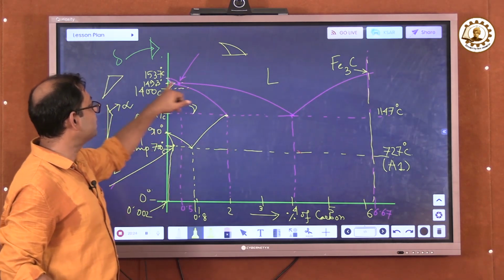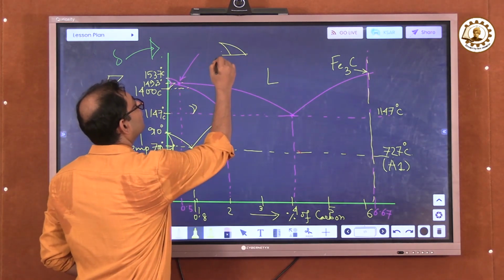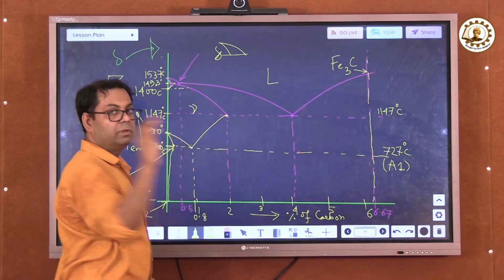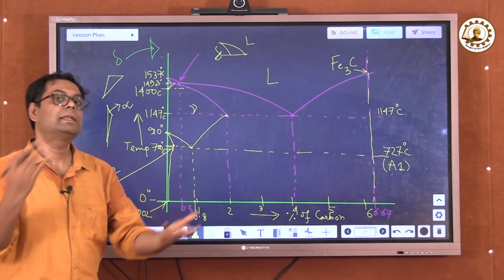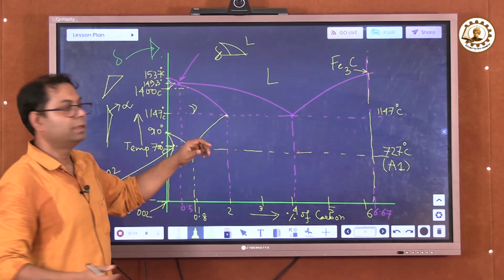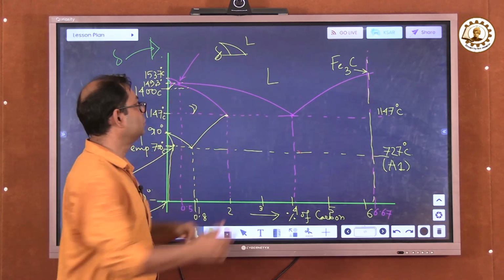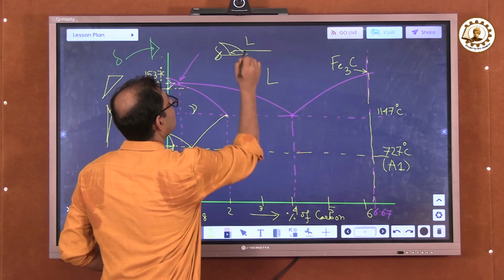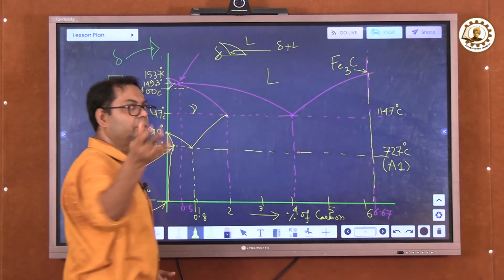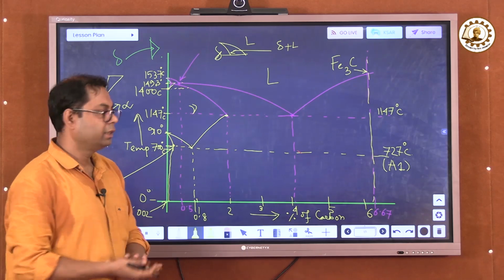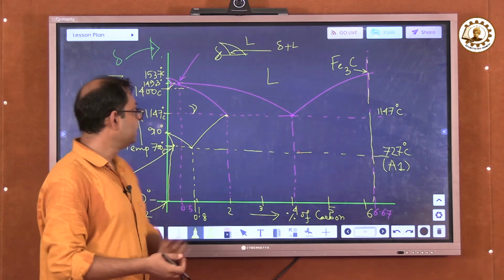This is one of the phases that appears, where pure delta phase is on one side and liquid on the other side. So what is inside this particular region? That is the combination of these two. So this means delta plus liquid or liquid plus delta, whatever you like, both are correct.